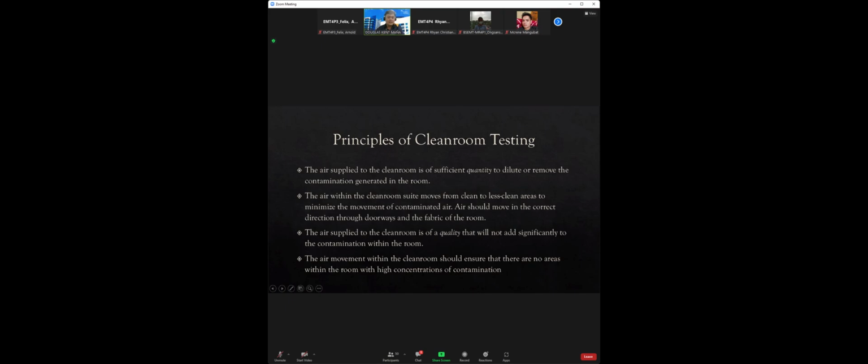These are the principles that we need to follow after the clean room has been built, rehabilitated, or cleaned. So these are the principles of clean room testing.